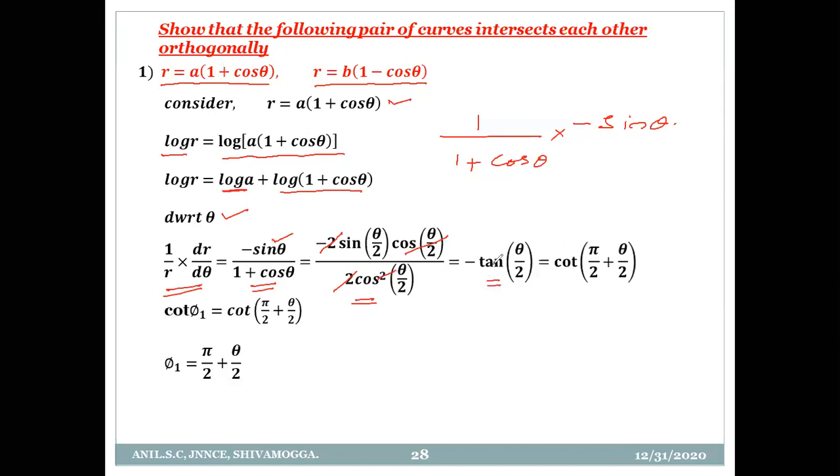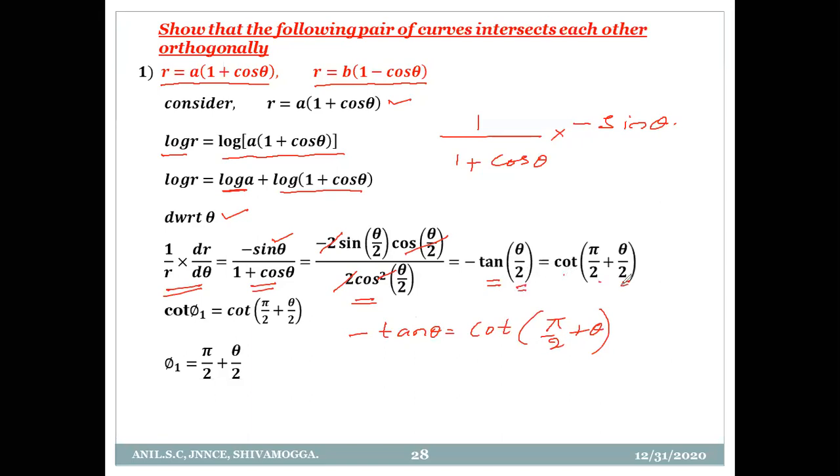And this trigonometric function is to be expressed in terms of cot. How? Minus tan theta is equal to cot pi by 2 plus theta. Minus tan theta is equal to cot pi by 2 plus theta. This is minus tan theta, this is theta now, and this is equal to cot pi by 2 plus theta.